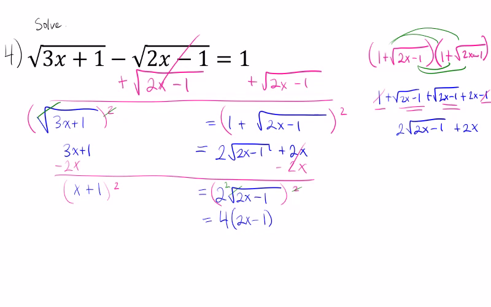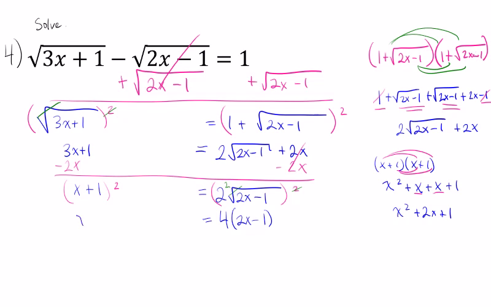So once again, that's something we have to FOIL, right? x plus 1 times x plus 1. And so that's going to be x squared plus x plus x plus 1, right? And when we combine like terms, we're going to get x squared plus 2x plus 1.